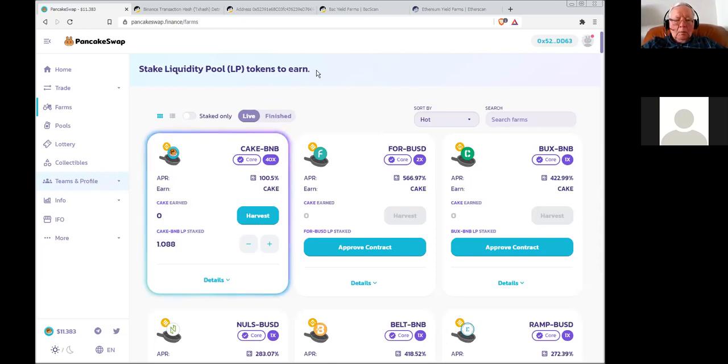If you do that, you can't come over here and use them on Uniswap, which is the Ethereum equivalent of PancakeSwap. And if you have them staked in Uniswap, you can't do it the other way. So you've got to pick where you want to put your funds to earn on them. Gotcha. I just want to make sure to account for that.